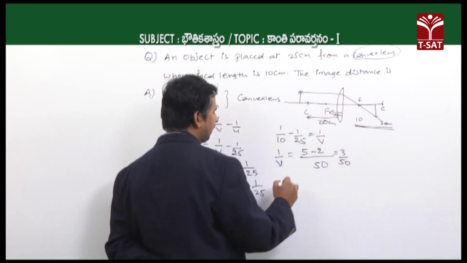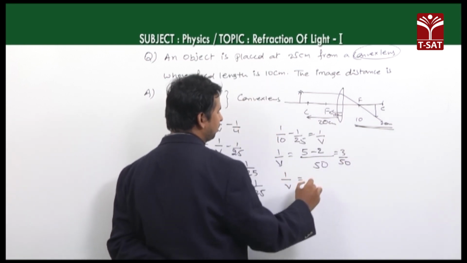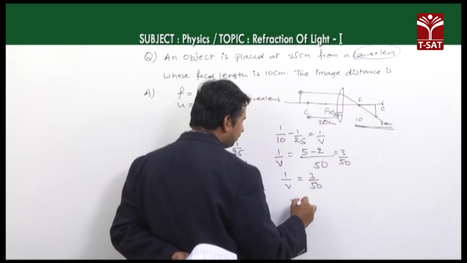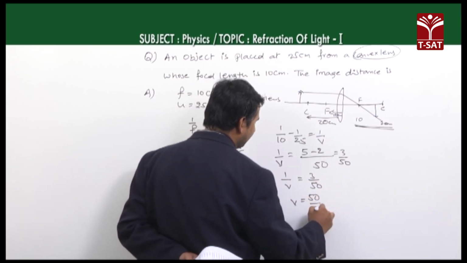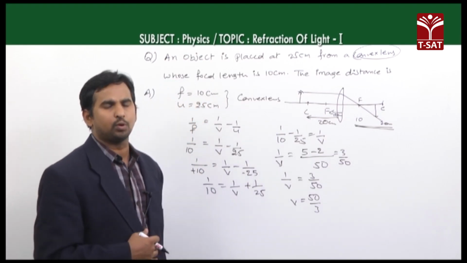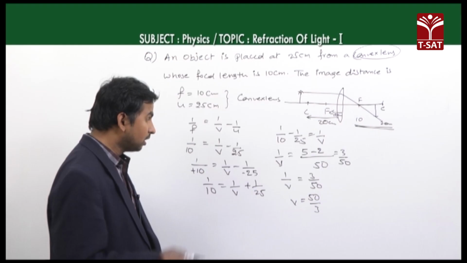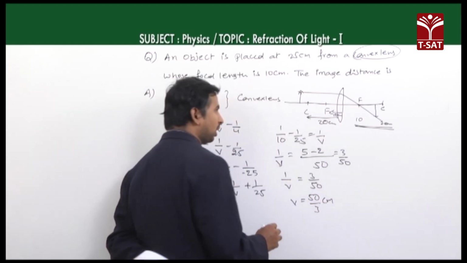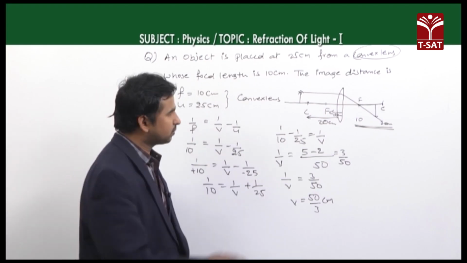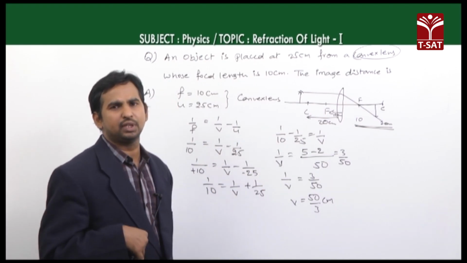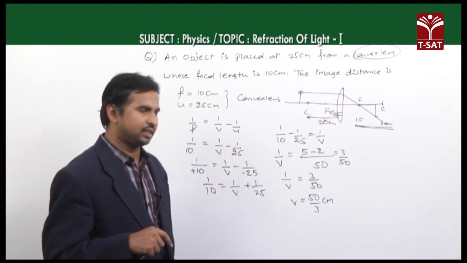So 1 by v is equal to 3 by 50, or v is equal to 50 by 3. If you observe here, the image distance we got is a positive value. So the sign convention for the image distance formed by this convex lens is positive, so the image is formed after the lens, in the direction of the incident light rays. We have to measure the distance there.